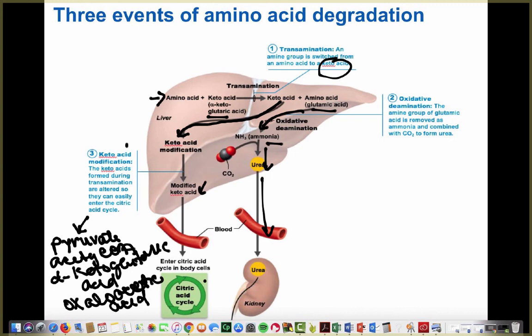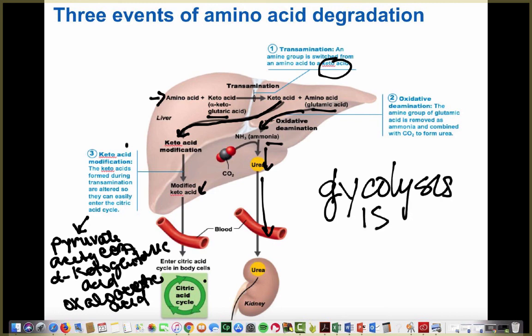Now, just to let you know, glycolysis is reversible. So this means that any of the things like pyruvic acid metabolites that are formed could be converted back to glucose.